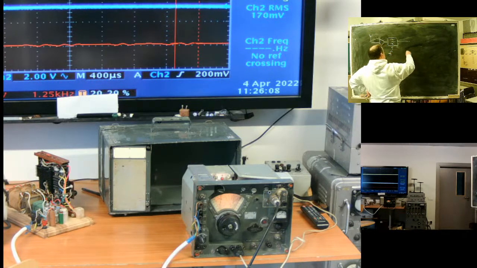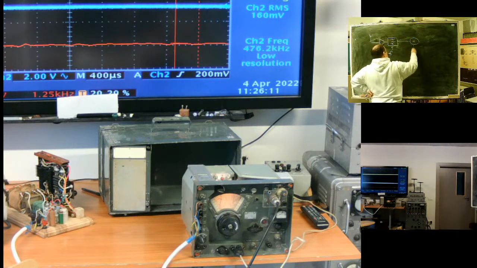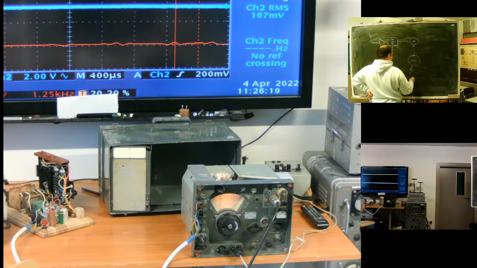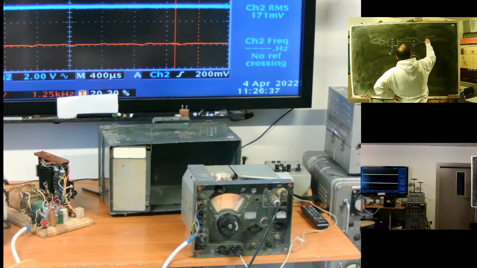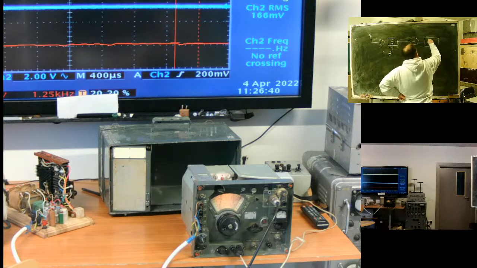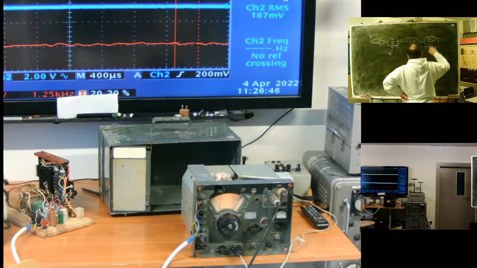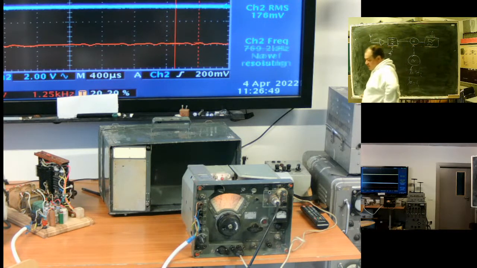Later, the most interesting part, a generator called heterodyne with a frequency, let's say, F0 plus FE or F0 minus FE. FE is called intermediate frequency. The resulting signal goes to a filter with a fixed intermediate frequency.